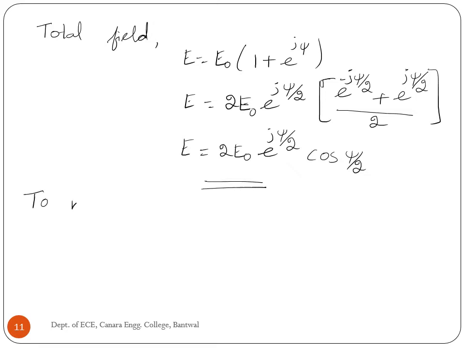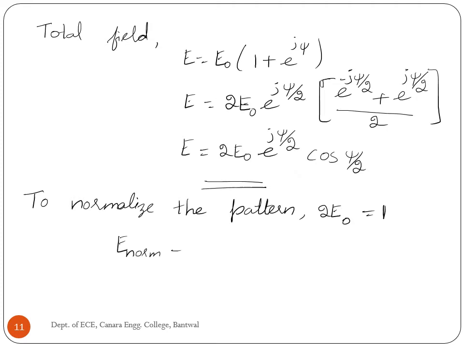To normalize the pattern, amplitude is made equal to unity, that is 2E naught equal to 1. Therefore, normalized field is equal to e to the power j xi by 2 cos xi by 2.